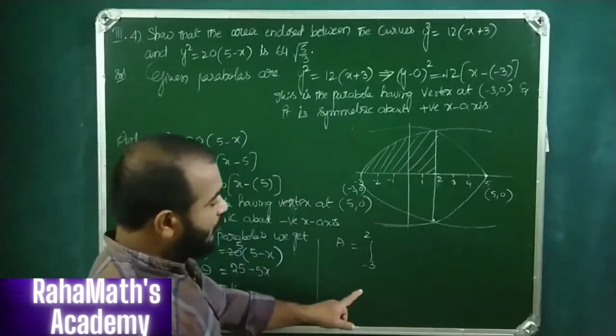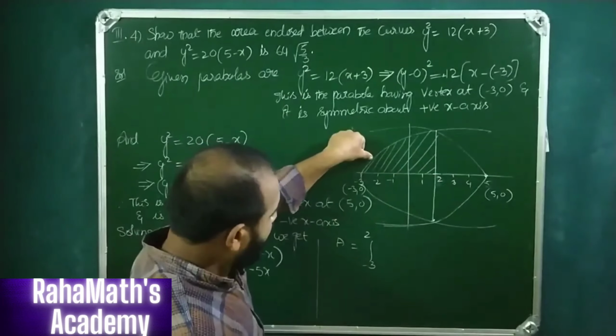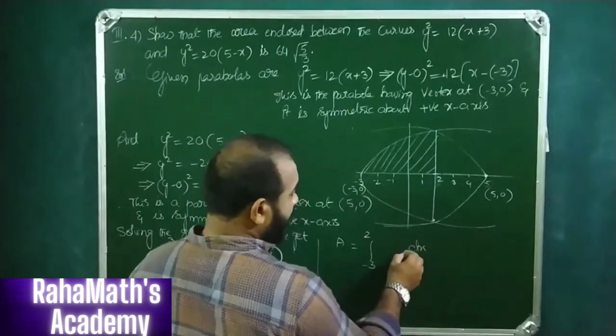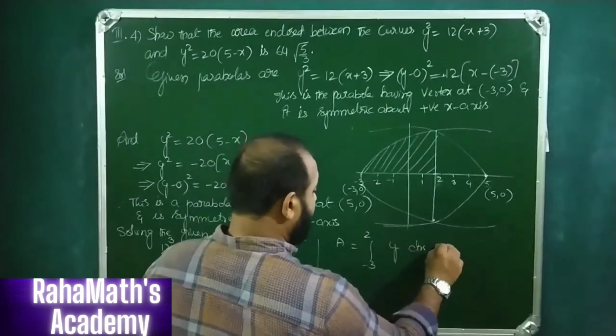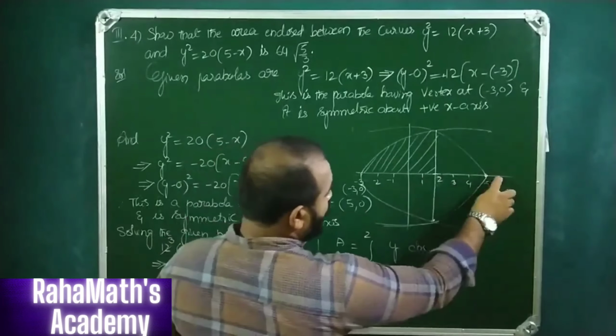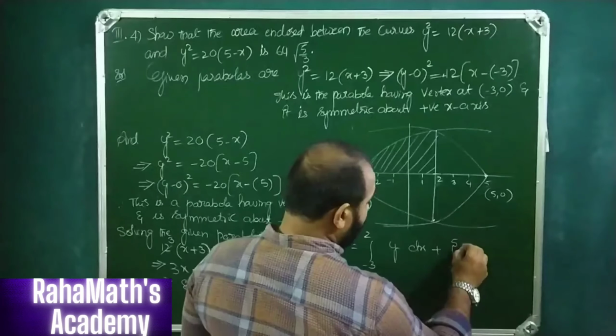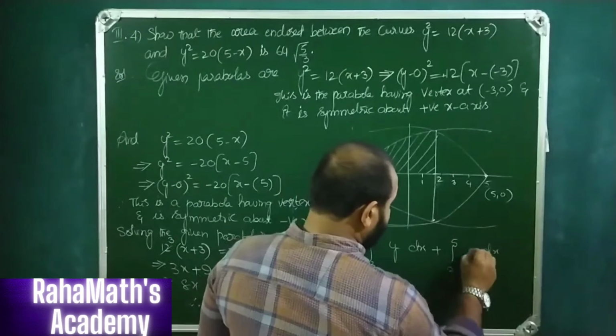So minus 3 to 2, which curve? These are the limits of x. Therefore, dx means y dx, plus 2 to 5 are the limits of x. So dx means y dx.